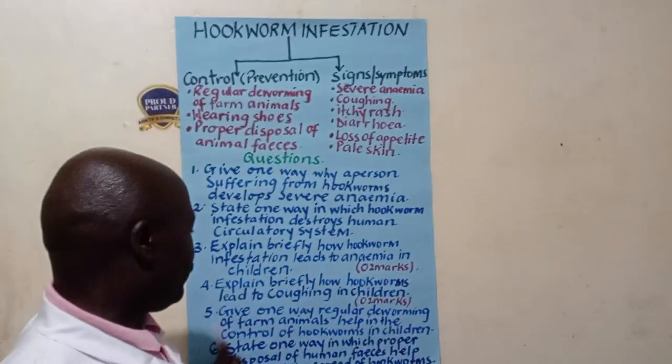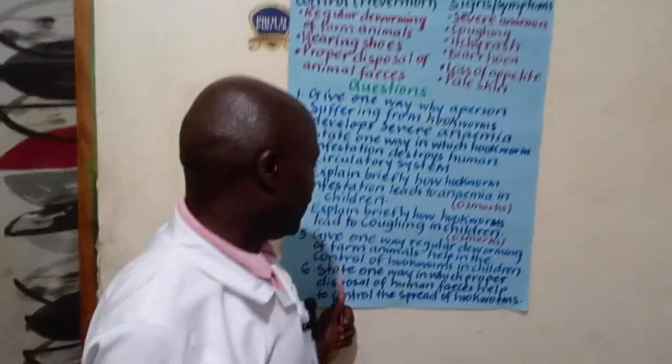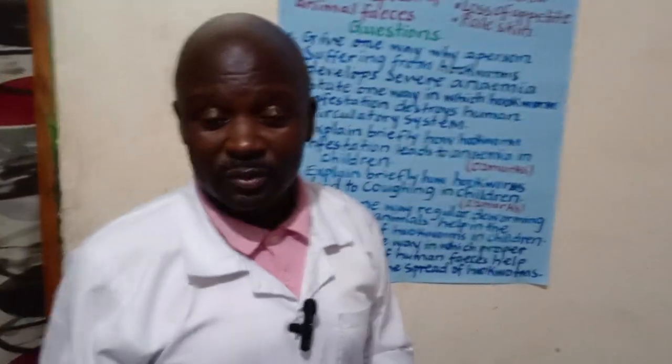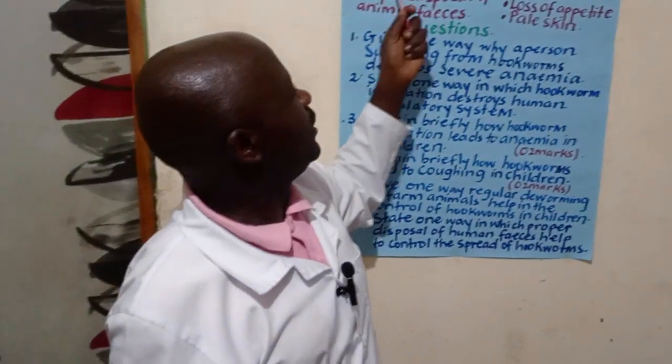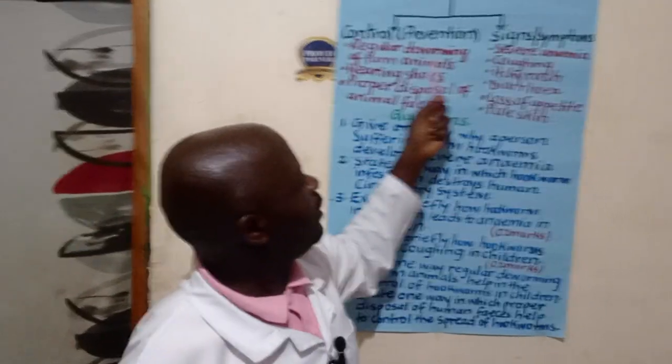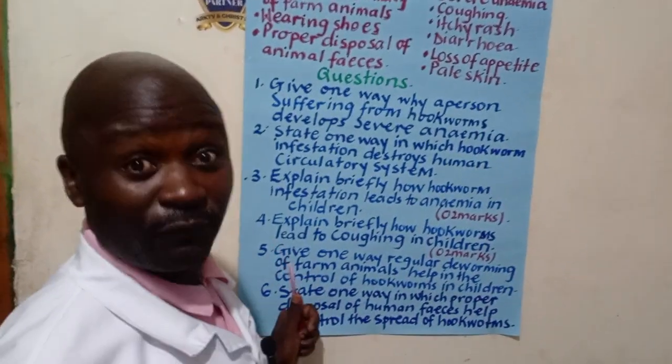Then number 5: give one way regular deworming of farm animals helps in the control of worms in children. From the control and preventive measures of proper or regular deworming, I have developed item 5.